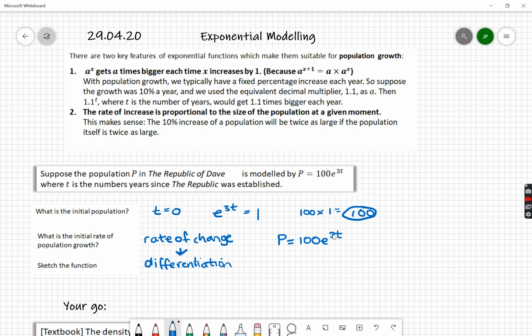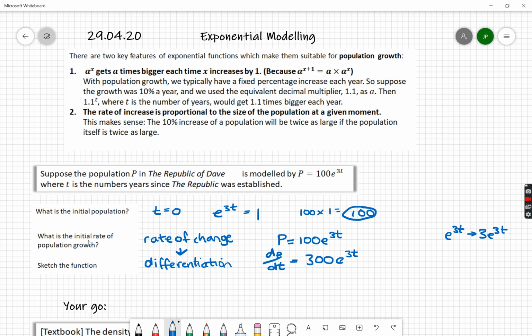Now, we looked at the differentials of e last week. So my differential is going to be in the form of dP/dt, because I'm differentiating P in terms of t. e to the 3t differentiates to 3e to the 3t, but obviously I've got to multiply my 100 and my 3 together, so I'll have 300e to the 3t.